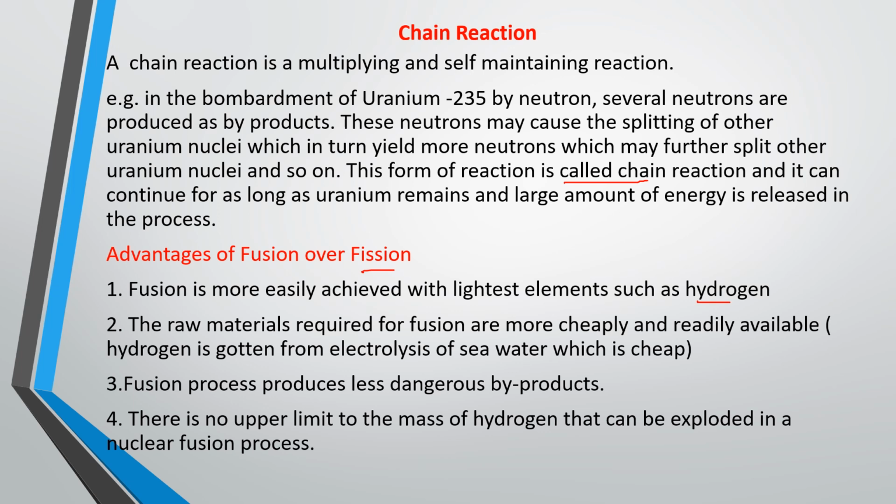The fusion process produces less dangerous byproducts. Then there is no upper limit to the mass of hydrogen that can be exploded in a nuclear fusion process. So these are some of the advantages of fusion over fission, and I just want you to take note of them. Then what we are going to look at is the peaceful use of nuclear energy.